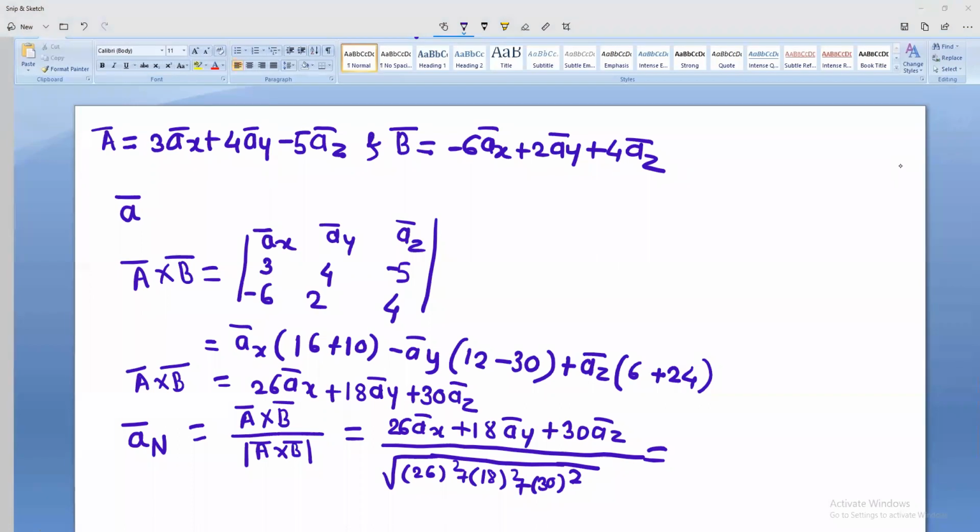The answer is in terms of the vectors a bar x, a bar y and a bar z.